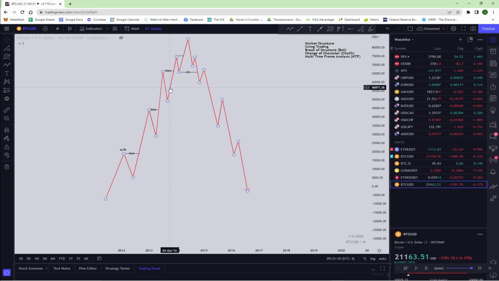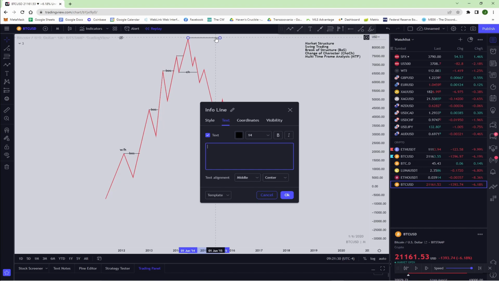So once that happens, the break of structure shifts. So instead of being on the top, it's going to be on the bottom. So now, once we have that, we're going to look for the highest point between this low and this break of structure. That highest point is right here. So now this becomes a strong high.